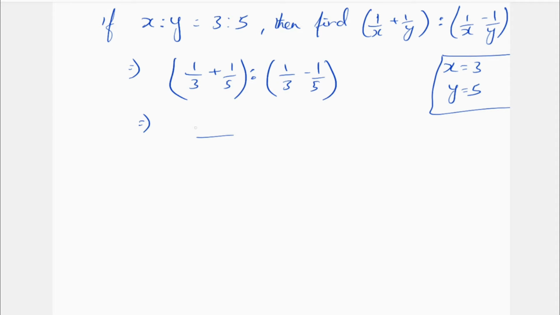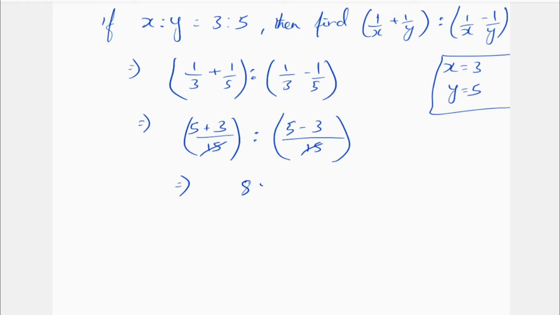So 5 into 1 5 plus 3 into 1 3 divided by 15 is to 5 into 1 5 minus 3 into 1 3 divided by 15. 15 and 15 I can straight away cancel over here. Now I am having 5 plus 3, which is 8, is to 5 minus 3, which is 2. This gives me 4 as my answer. 4 is to 1, or 4 is my answer for this particular problem.